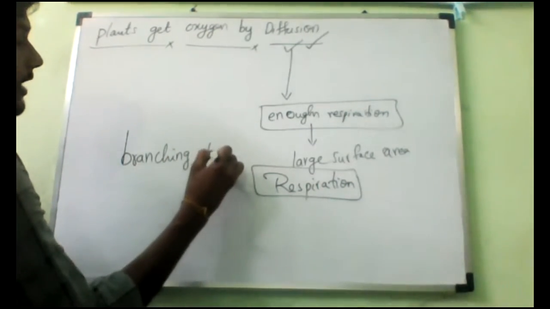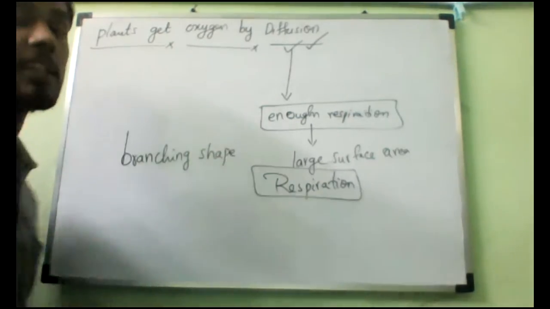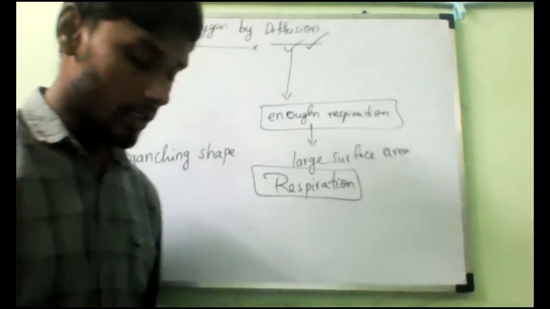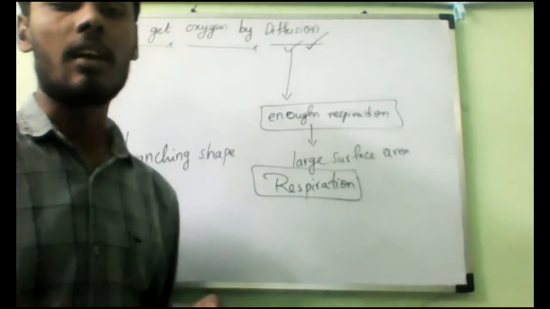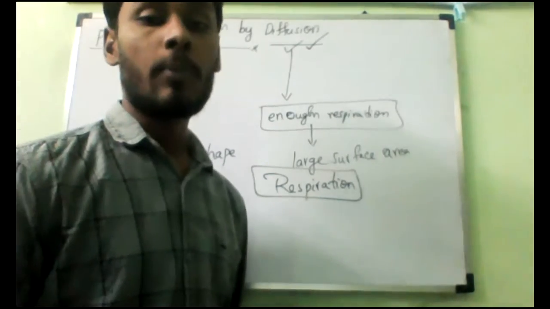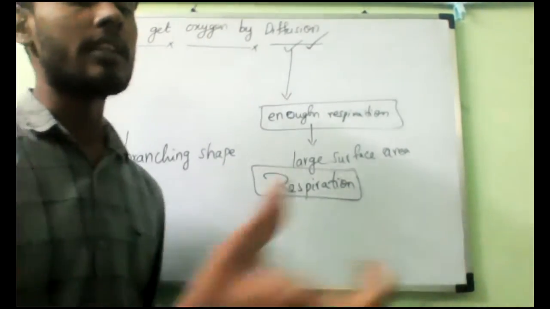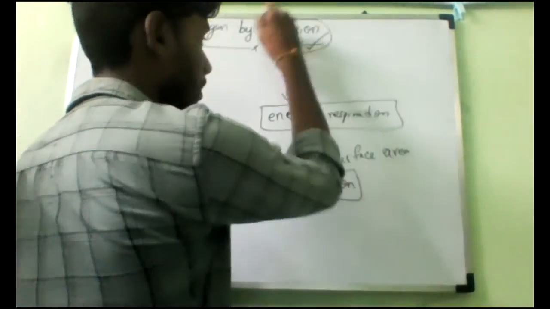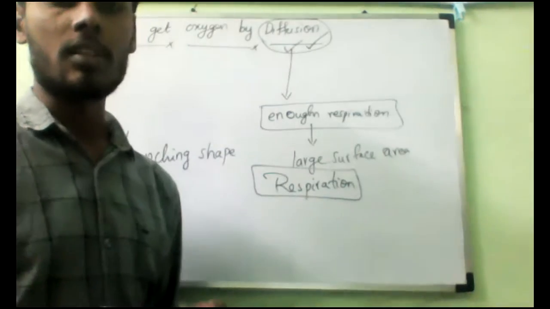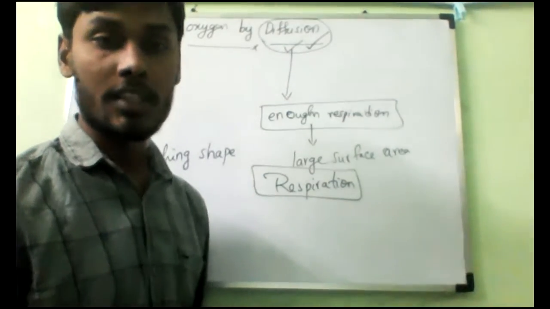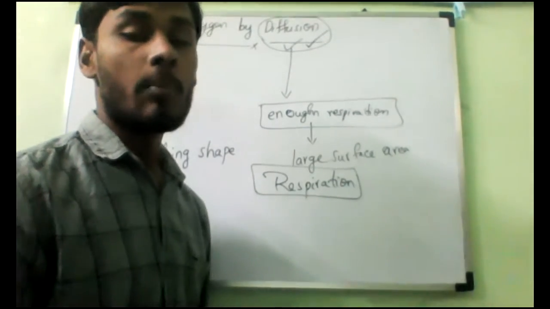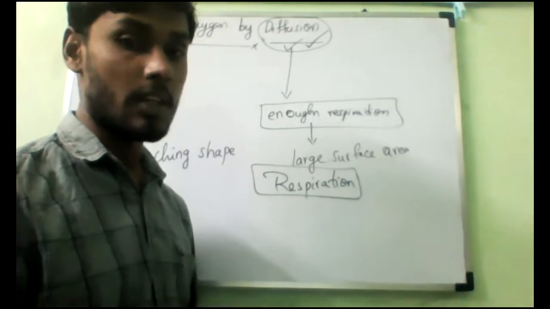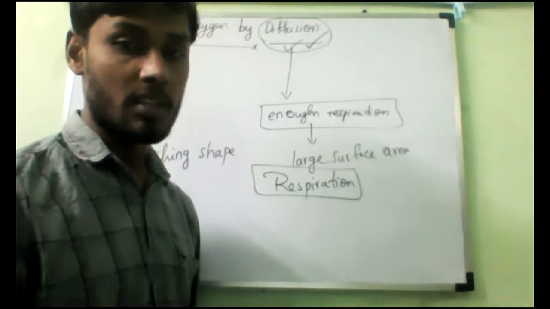They have a large number of branches, and their surface area is very huge, so every part like stems, leaves, and roots can individually absorb, meaning they will do the diffusion, so that they can get enough oxygen, because individual respiration is taking place here. Stems can do respiration separately, roots can do respiration separately, and leaves can do respiration separately.